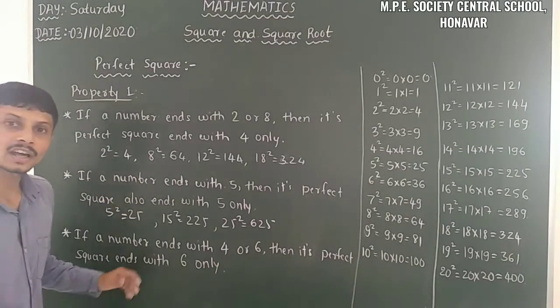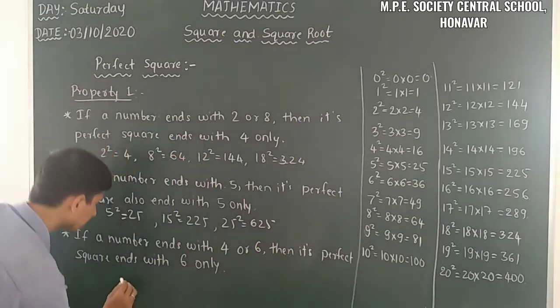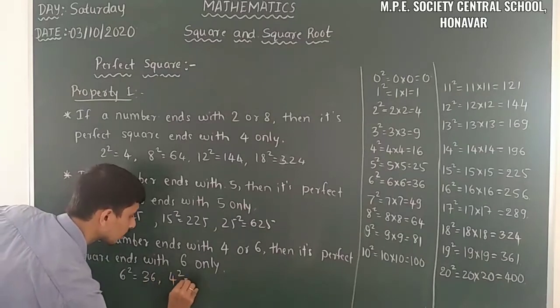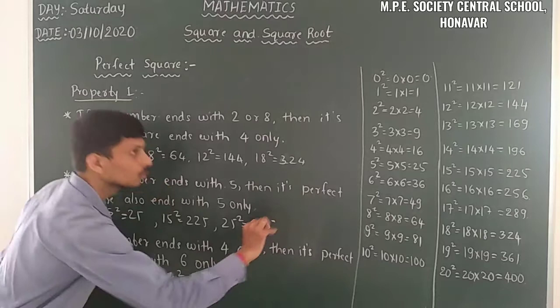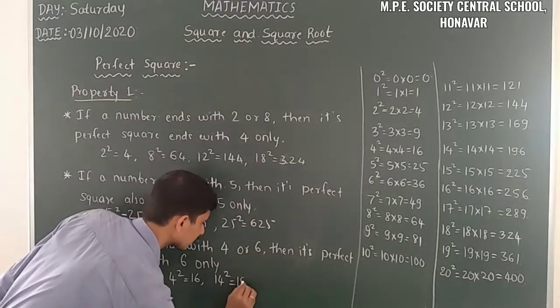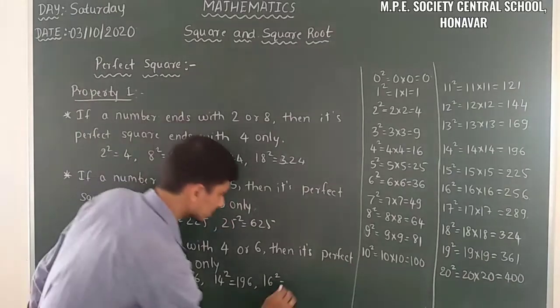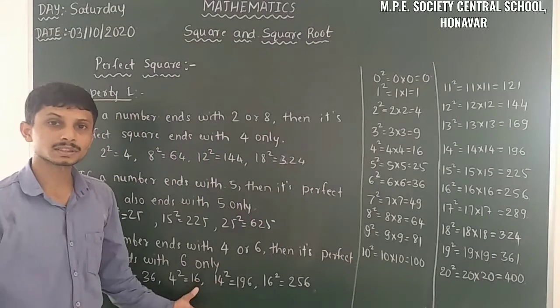For example, 6 square is equal to 36, 4 square is equal to 16, then 14 square is equal to 196, then 16 square is equal to 256. These are the examples for this property.